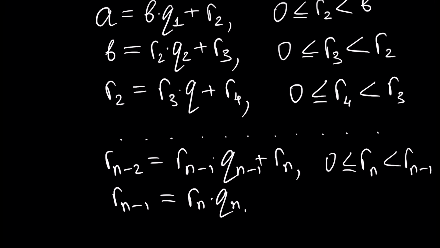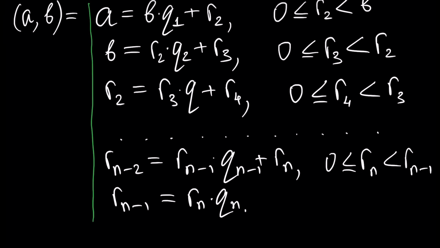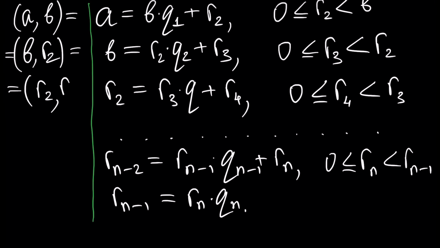In other words, let's write it. The greatest common divisor of A and B will be equal to the greatest common divisor of B and R2, and it will be equal to the greatest common divisor of R2 and R3, and so on.